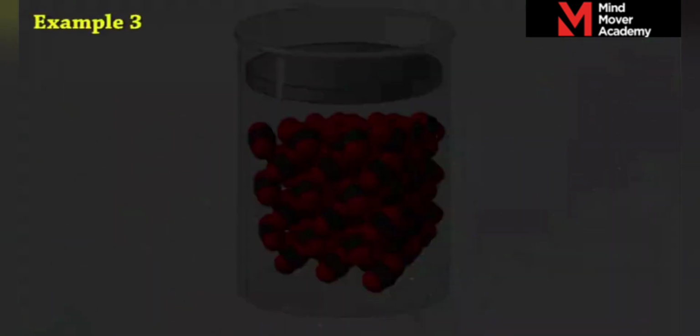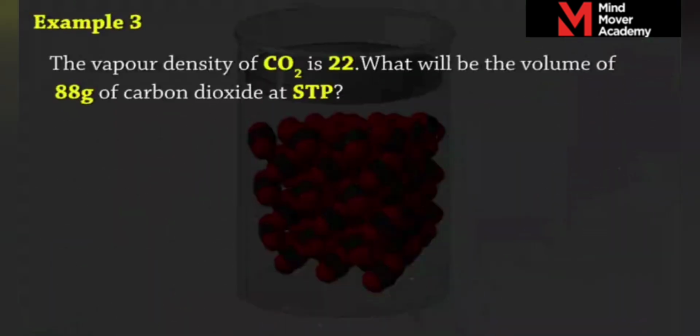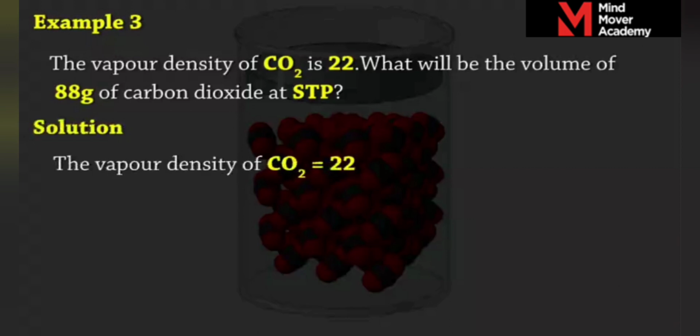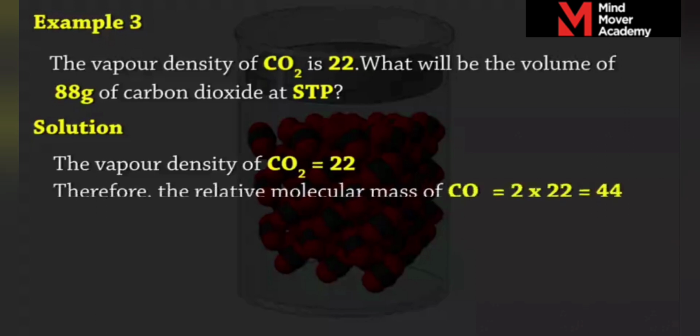Example 3. The vapor density of carbon dioxide is 22. What will be the volume of 88 grams of carbon dioxide at STP? Let's solve this. The vapor density of carbon dioxide is equal to 22. Therefore, the relative molecular mass of carbon dioxide is equal to 2 into 22, which is 44.